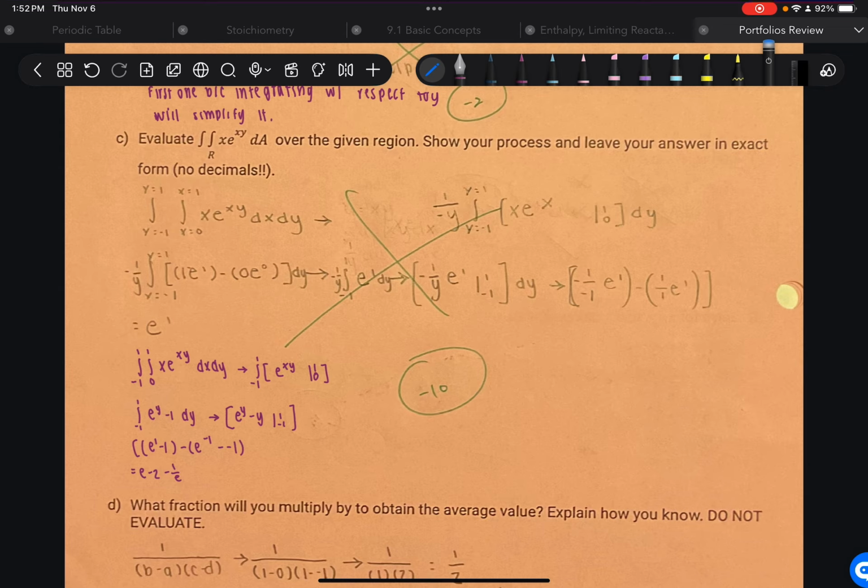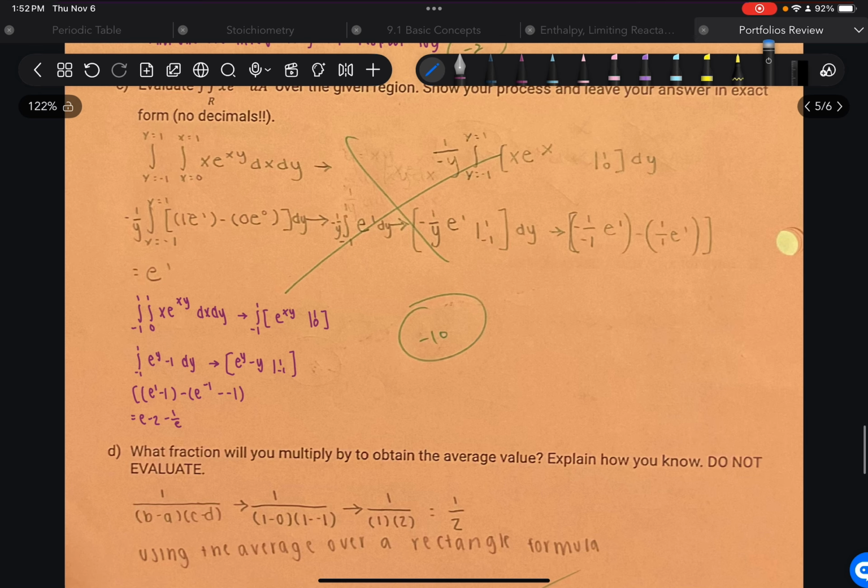And so when I plugged in my 1 and 0 values, I got something completely different and incorrect. So here I try to integrate it properly and then plugged in the values and then integrated again and then plugged in 1 and -1 to get my right answer.